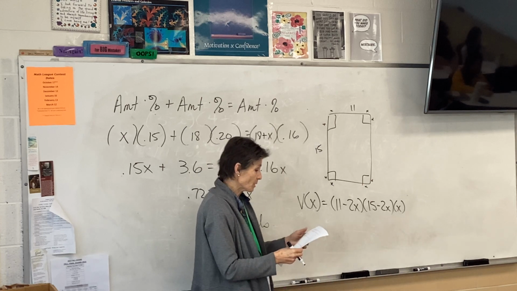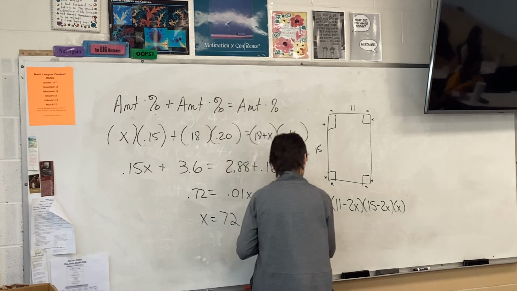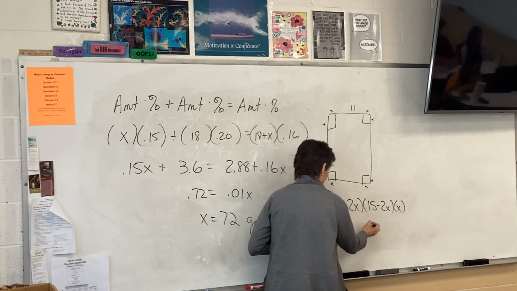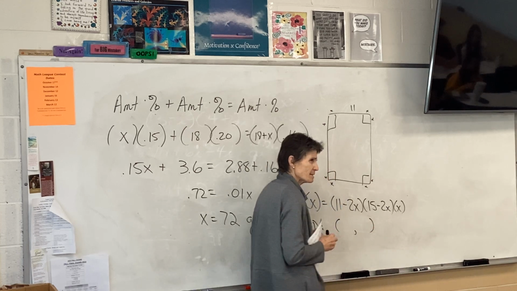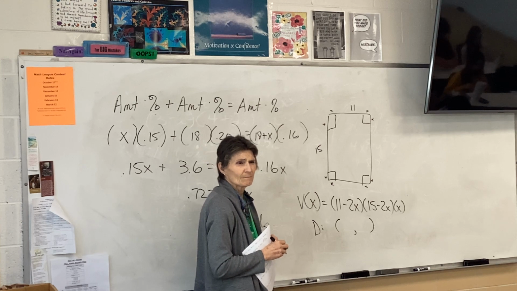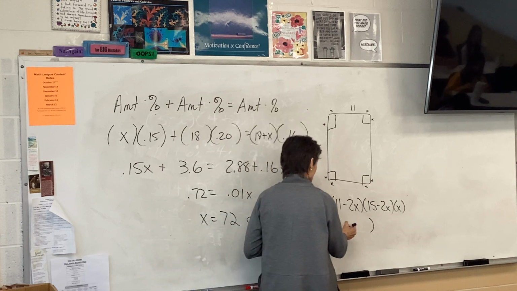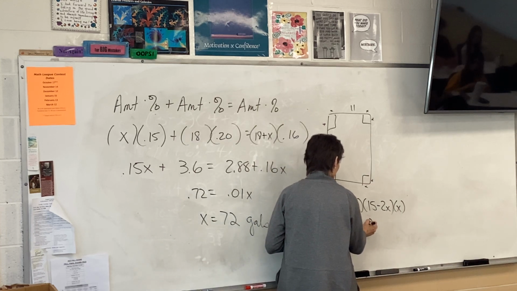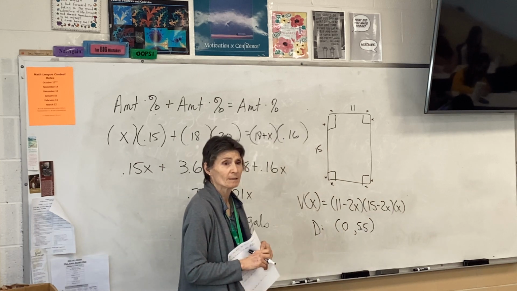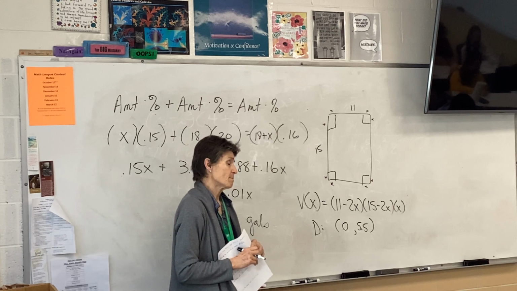And then the next question says, what's the domain? We practiced these the other day. It's 0 to 5.5, because 0's the minimum, and then it's half of the smallest dimension.